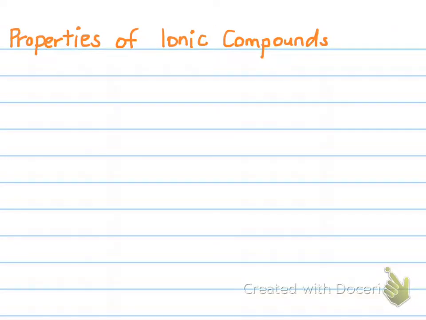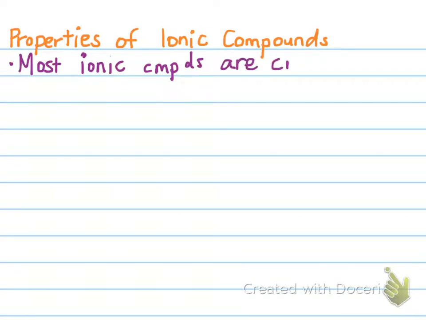So what are some of the properties of ionic compounds? Most ionic compounds are crystalline solids at room temperature.